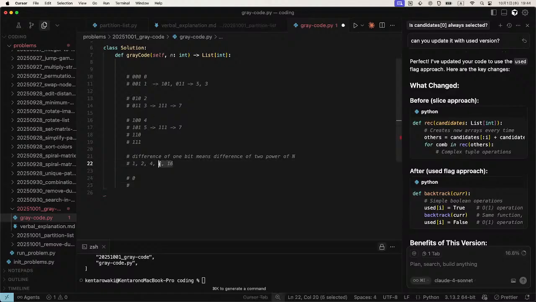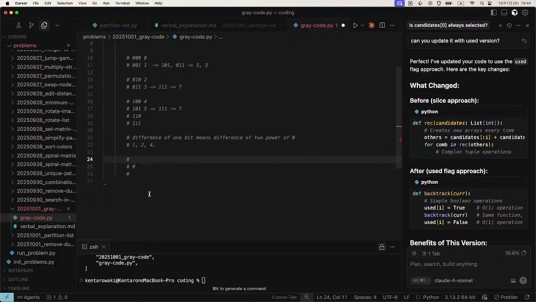So in this range we can choose to increment 1, 2 or 4, right? 1, 2 or 4. Yeah.